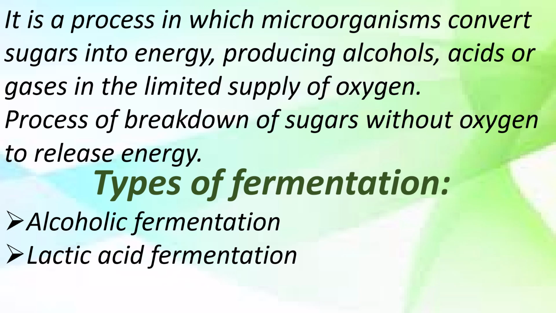There are two main types of fermentation. Number one, alcoholic fermentation. As the name indicates, alcohols are produced. Or lactic acid fermentation. As the name indicates, lactic acid is produced. In the next slide, I will tell you about these two types of fermentation in detail.